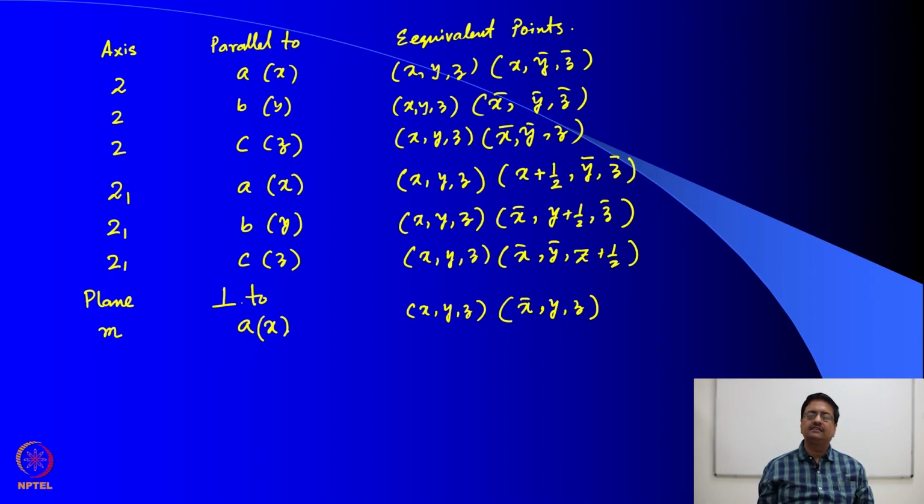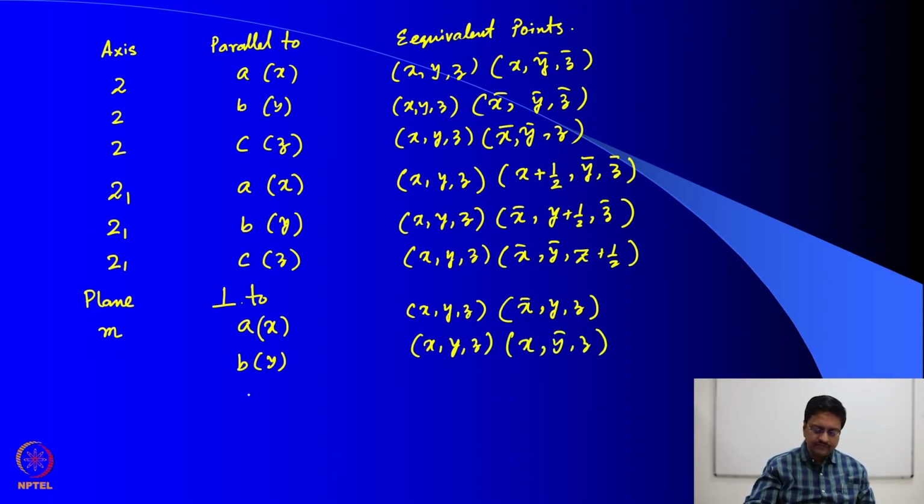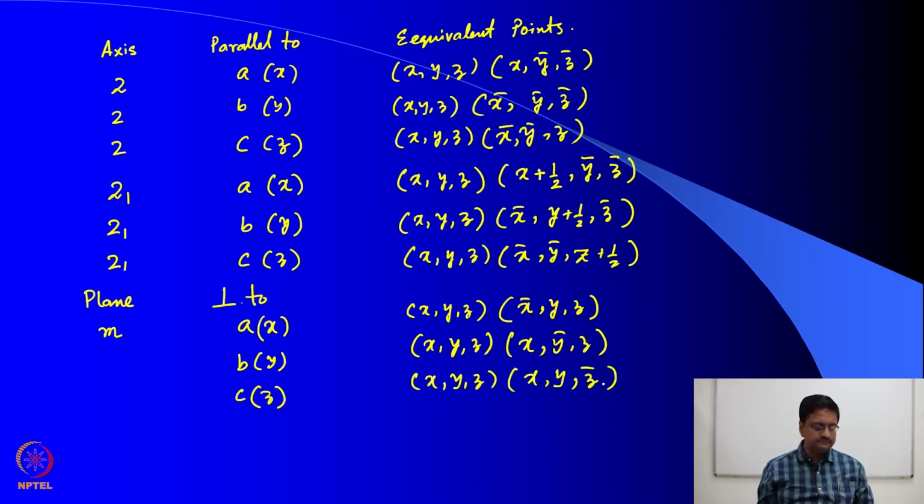As a result, x gets converted to x bar. So mirror perpendicular to B, that means y, would make x, y, z get converted to x, y bar, z, and mirror perpendicular to C, that is the z-axis, will make x, y, z get converted to x, y, z bar.